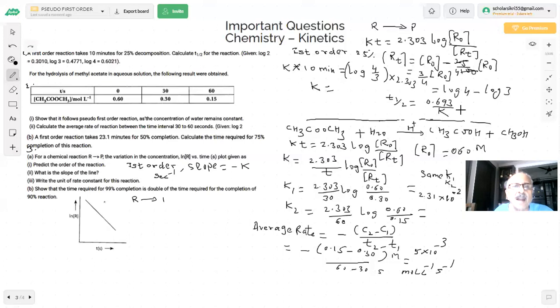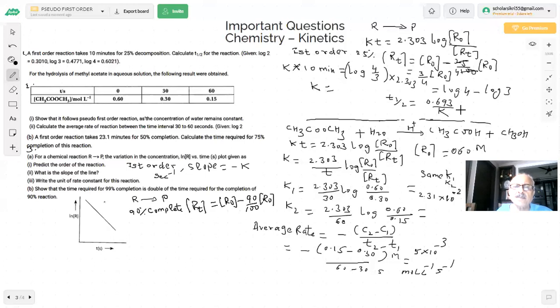Now 90% means what? When it is 90% complete, the main thing is to find the value of Rt. How much is that? Rt is equal to R0 minus 90 by 100 into R0, the amount which will be left.